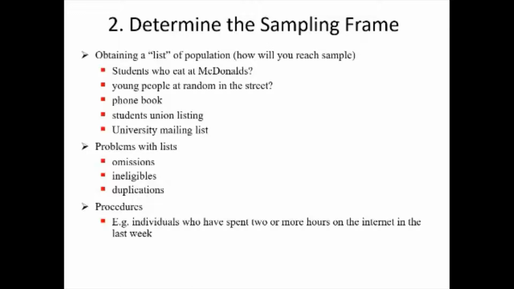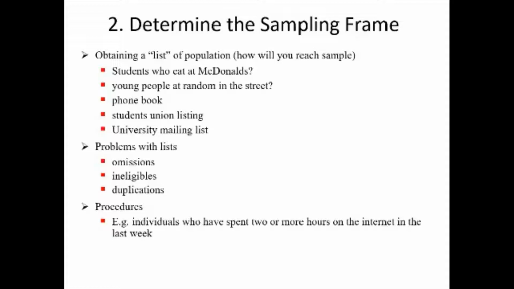How do we decide the sampling frame? You can take one example: individuals who have spent 2 or more hours on the internet in the last week. I want to know the students who spent 2 or more hours on the internet in the last week. What I can do is approach the internet service provider, or in Mangalore University, approach the administration that manages the Wi-Fi network in our university.